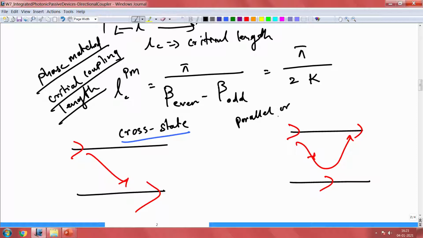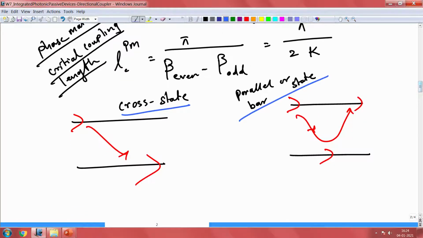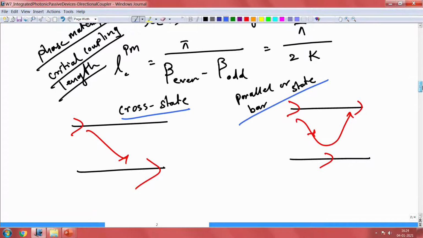They are useful for various aspects, and this is what you could do by just changing the length of it. So, let us look at how this coupling length can be calculated.